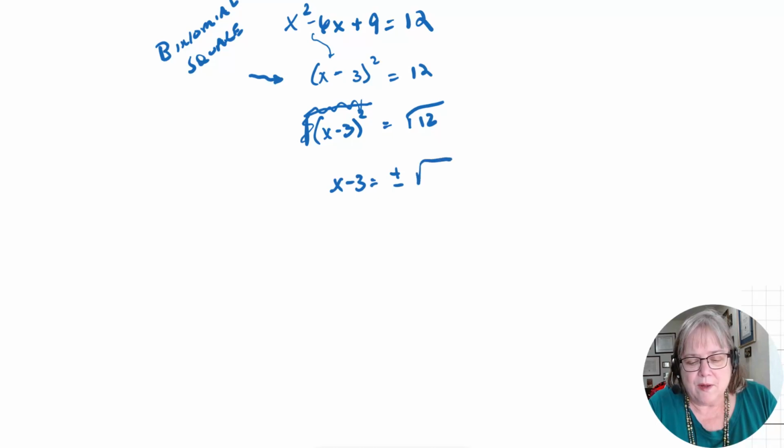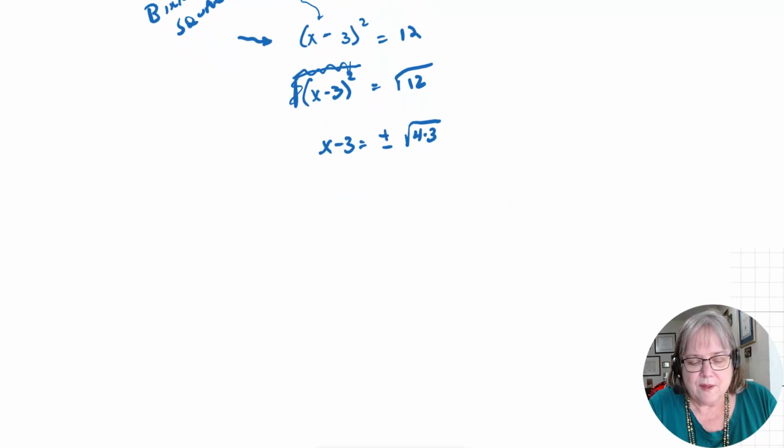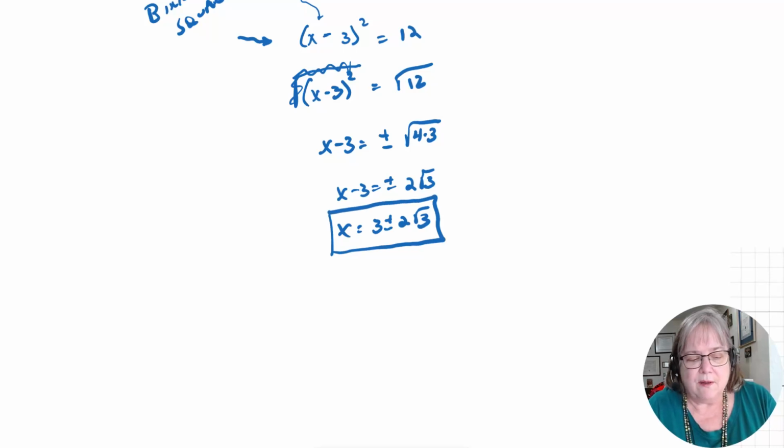The square root of 12: 12 is not a square, but 4 is in there as a factor. So x minus 3 is plus or minus the square root of 4, which is 2, times the square root of 3, which is prime and doesn't have a square. To move the negative 3 over, you add 3 to both sides, because you do the opposite of what it's currently doing. And that would be the answer, right?